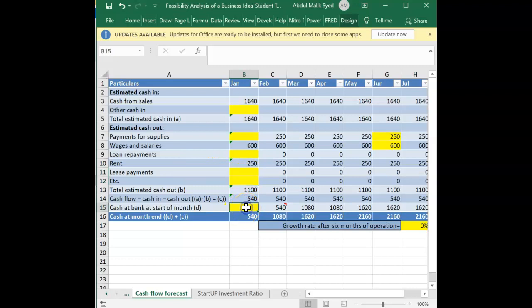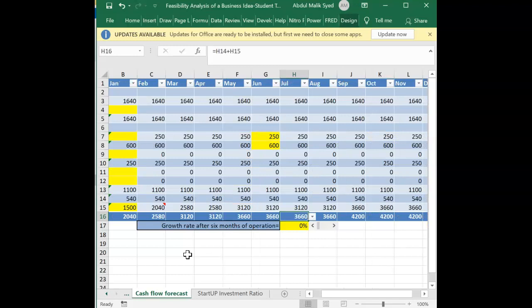So cash at bank at start of month, let's say in the initial time you have 3 months cash. So let's say 1500 cash is there with you. These are my cash which is coming each day depending on how I do my business.